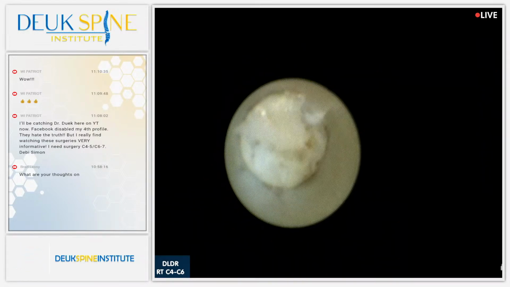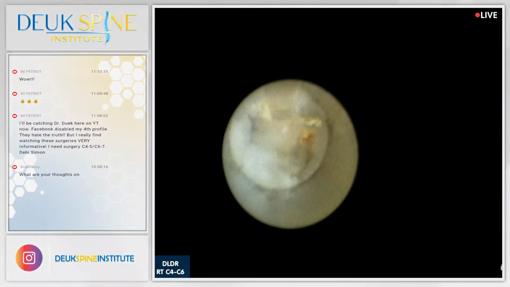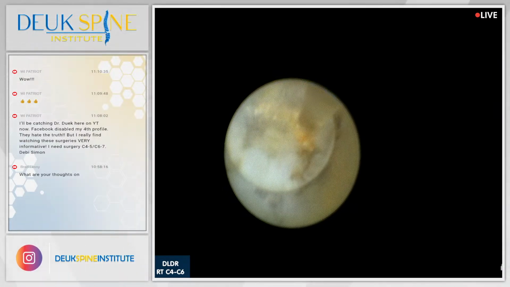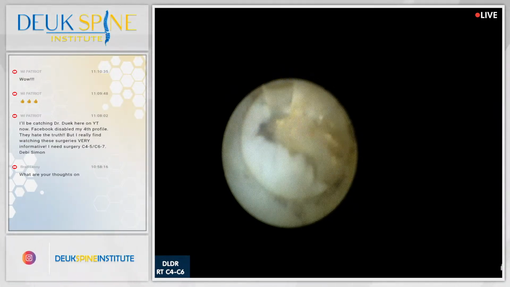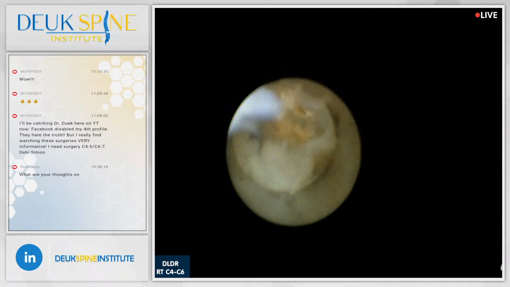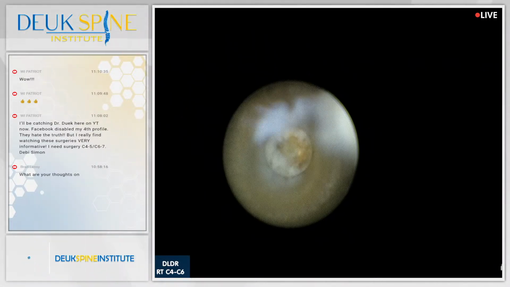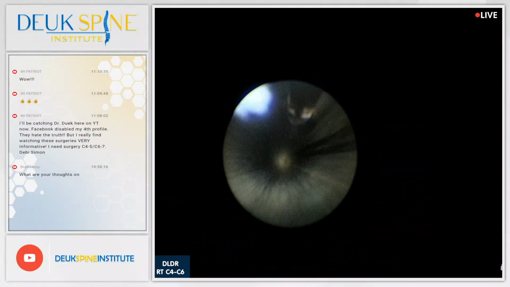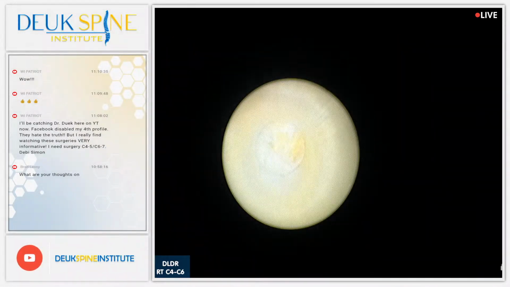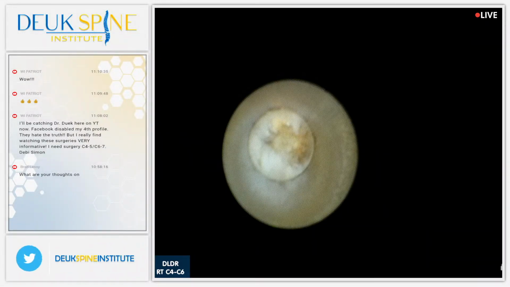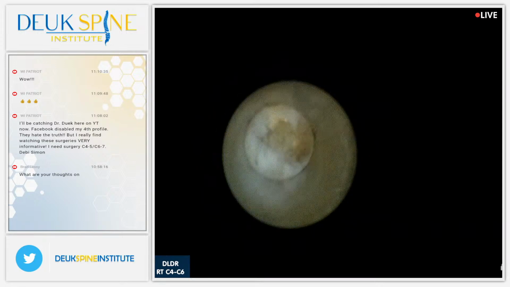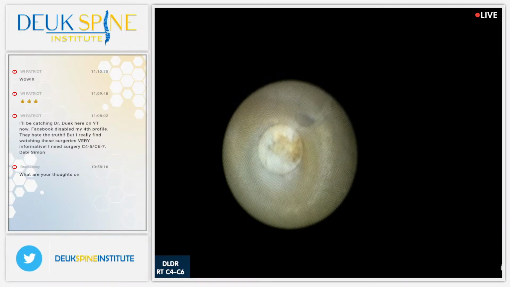And they ask, will cigarette or cannabis smokers have any issues after the DLDR? The answer is no. Cigarette smoker, or what was the other one? Cannabis? Correct. Yeah, we have lots of cigarette smokers. We have lots of cannabis smokers. We don't judge. But the only thing that you have to think about with cigarettes and cannabis is the anesthesia, okay?